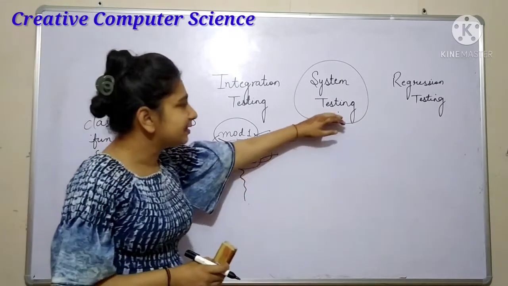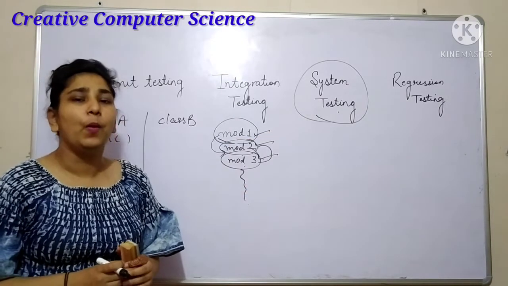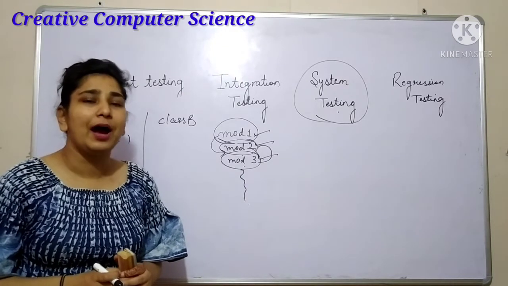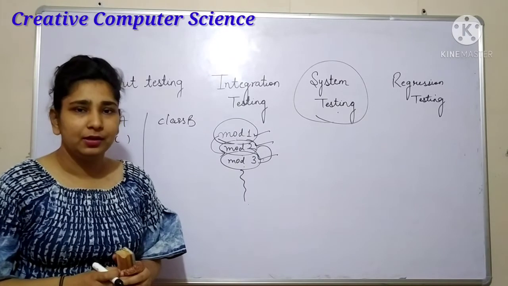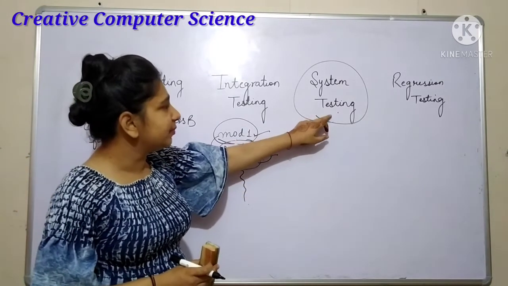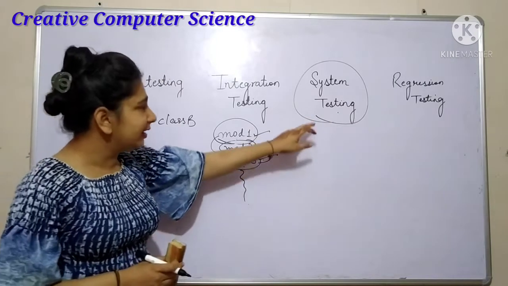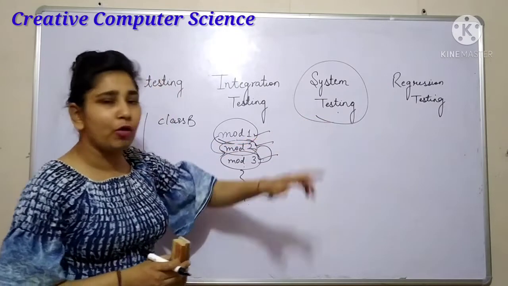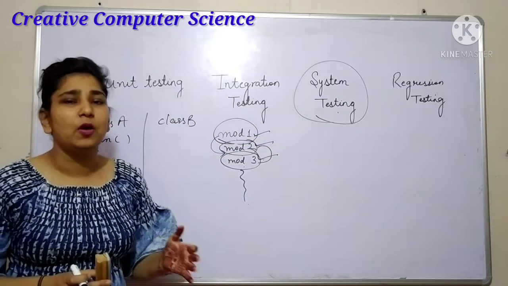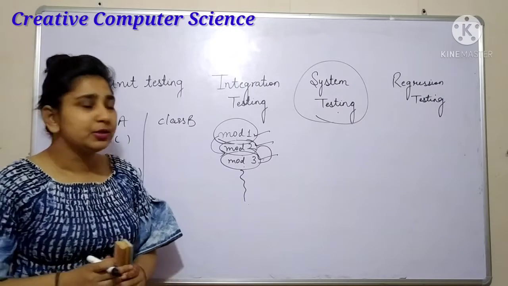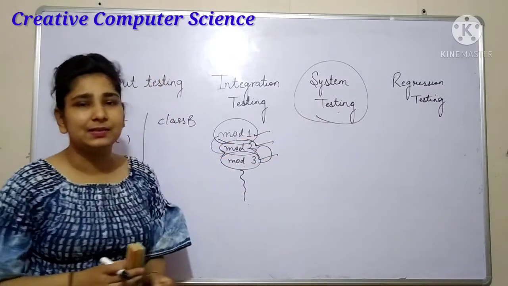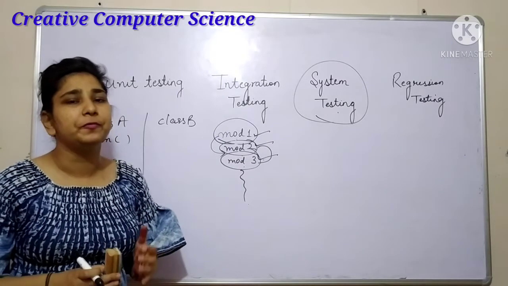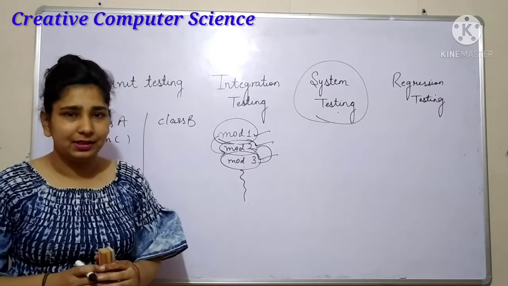But in system testing, we check whether the software product we have made is meeting the requirements of the customer or not. Your customer will check whether the features they wanted are in the product, and whether your software is meeting all the requirements. So this is system testing. In this, the complete software product is tested.